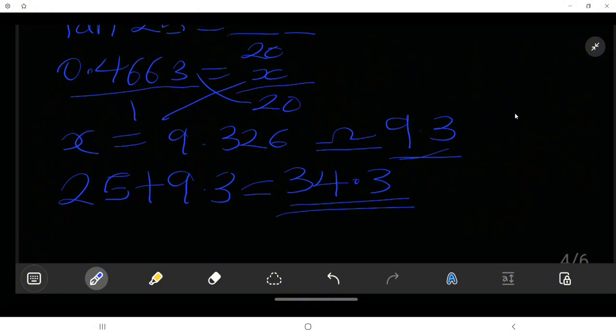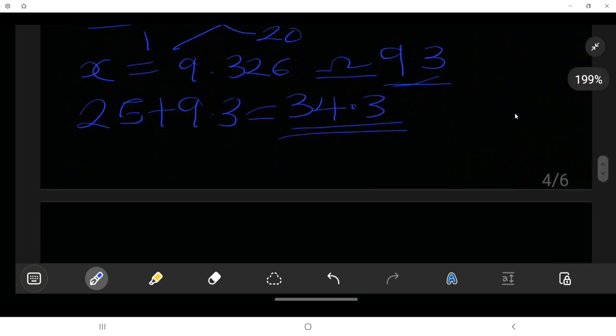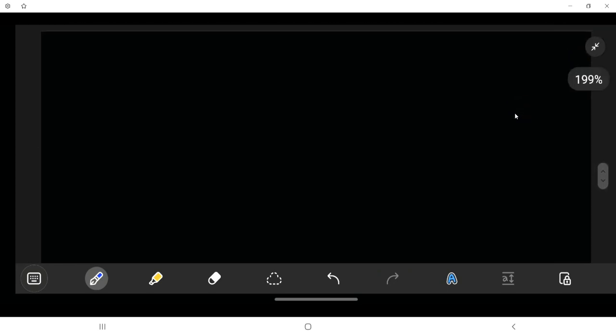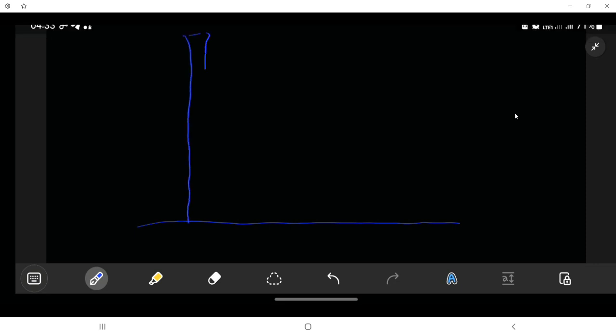Let me redraw the diagram to demonstrate how we got here. Remember, this is the ground, this is the pole, and let's assume this is the man, who is 25 meters tall.